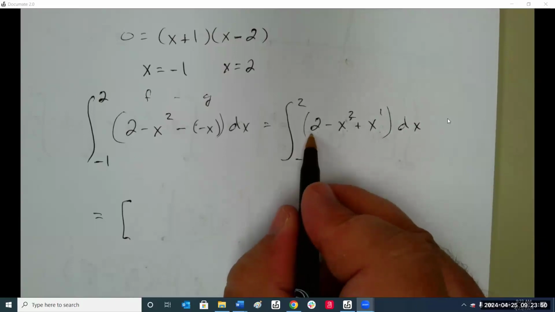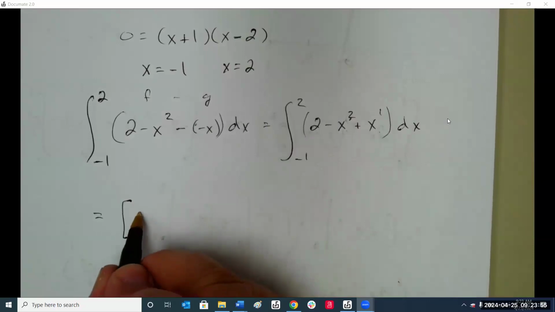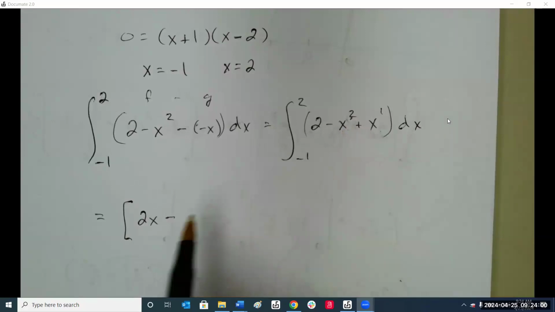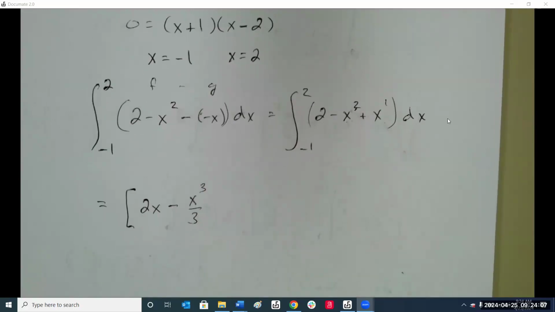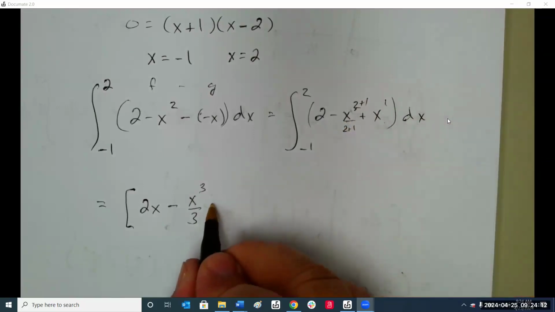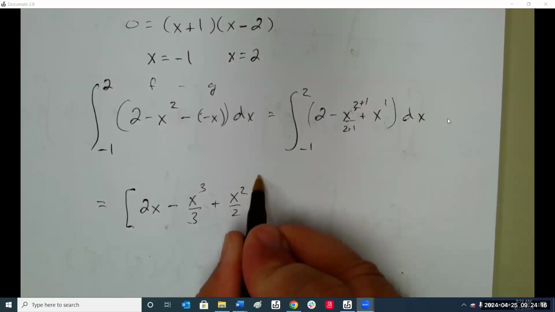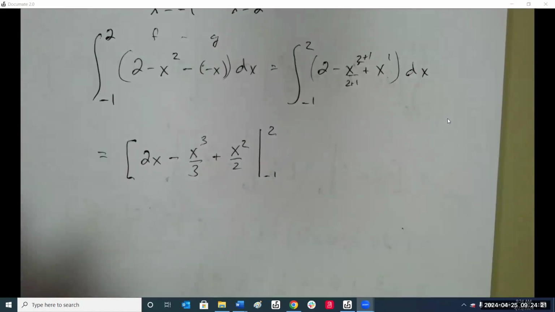The integral of 2 is what? 2x. The integral of x squared? x cubed over 3, because remember, you add 1. And the integral of x is x squared over 2. If you don't see that, then do them all individually. You'll get the same answer.